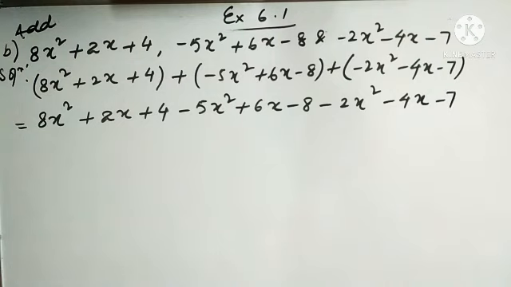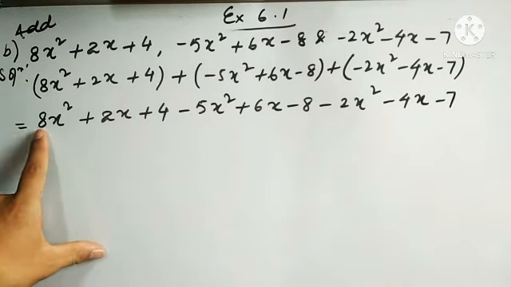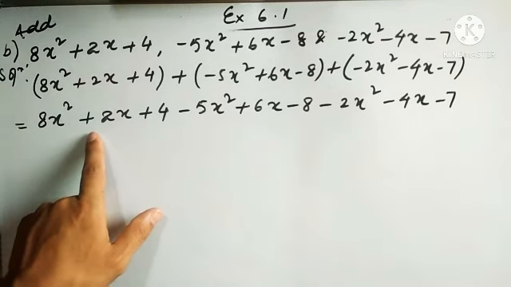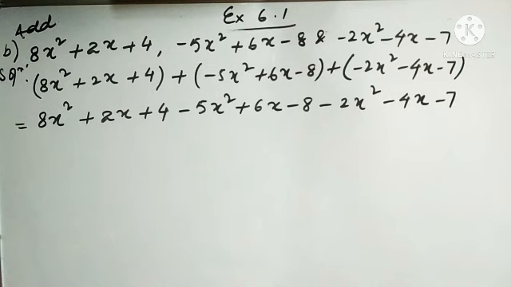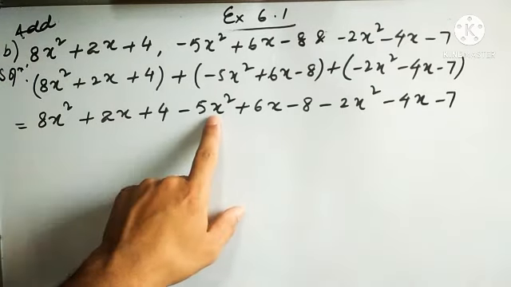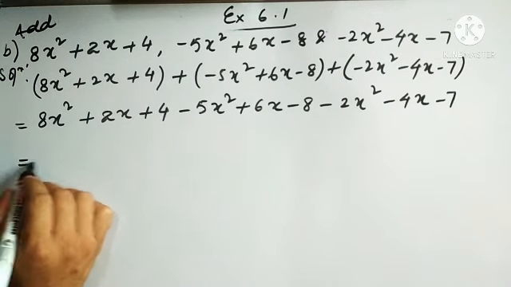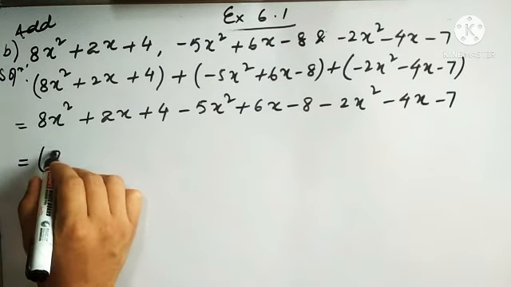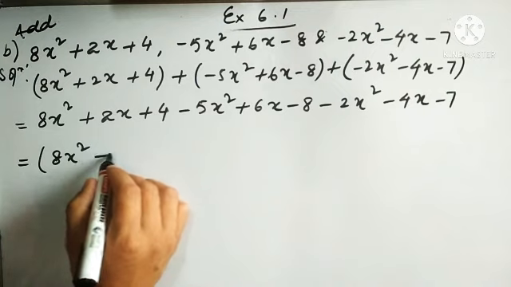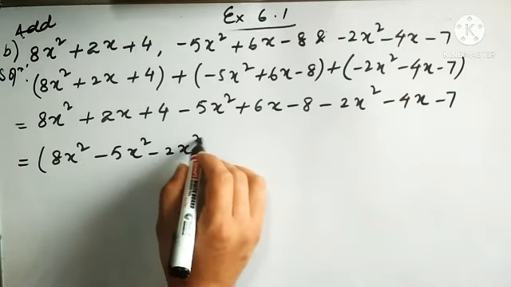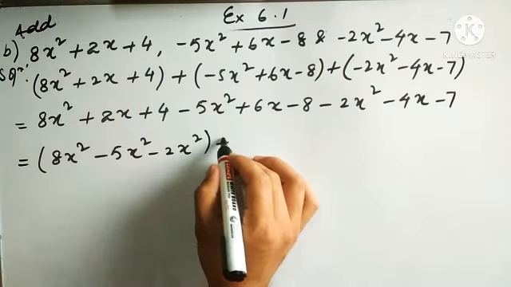Okay, so the first term is 8x square, so here the variable x with the power 2. Any other term having x and the power is 2, we have one more here, and one more here. So let us put together the like terms: 8x square minus 5x square, and then minus twice x square. I'll put here plus.